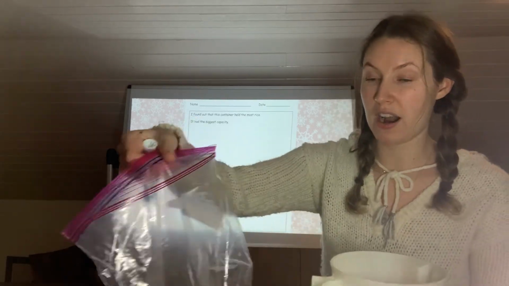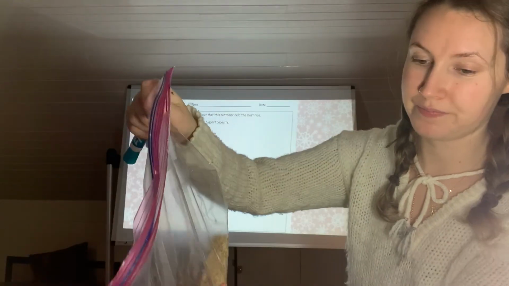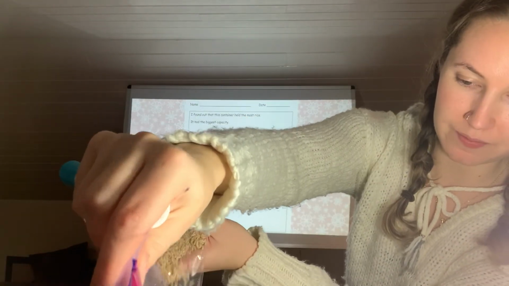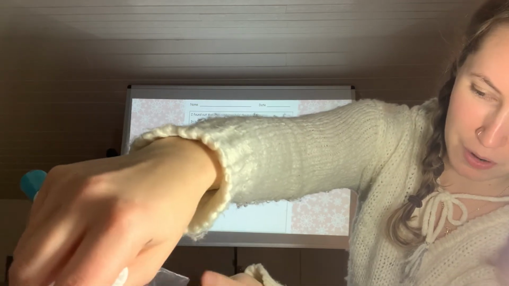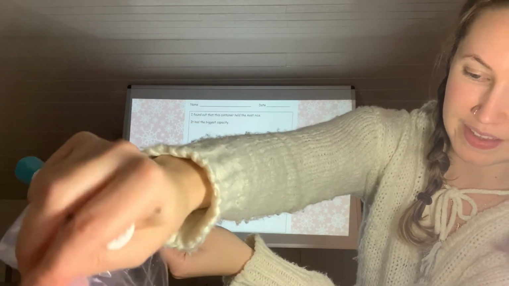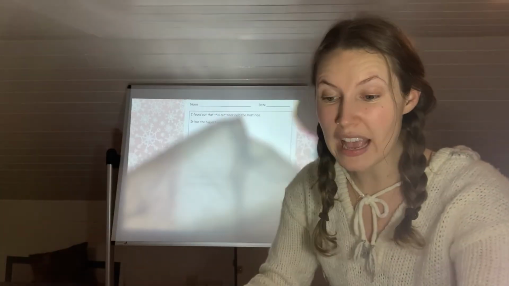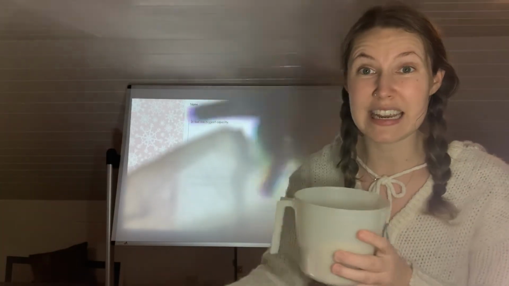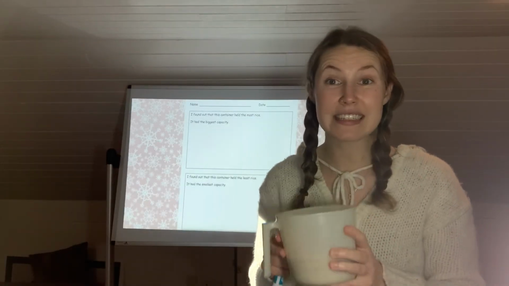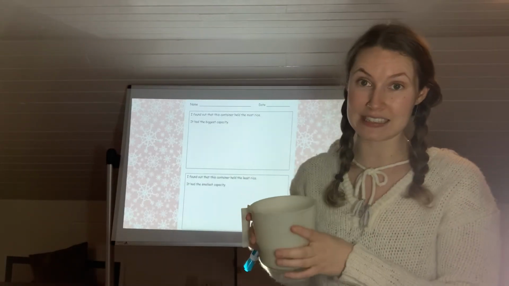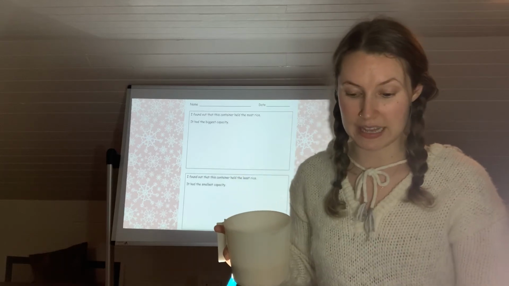I would have to pour my whole bag of rice into this one. So I'm gonna pour. It's still going, and it's not even full yet. I poured all my rice in here and it's still not even full, so I would have to pour more rice. This definitely has the biggest capacity out of all the items that I collected.